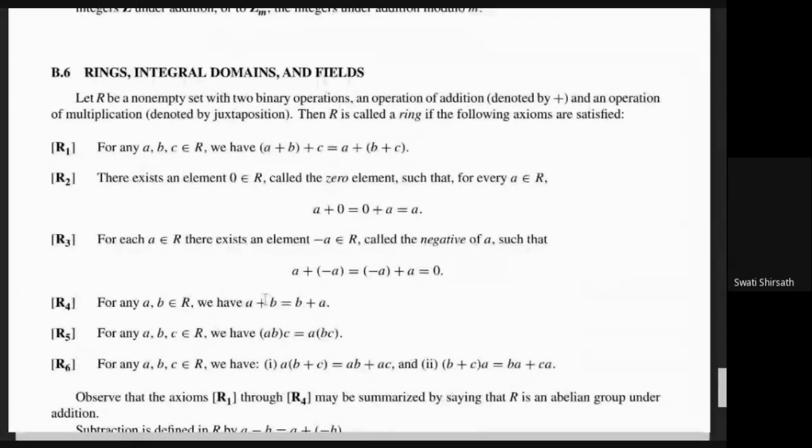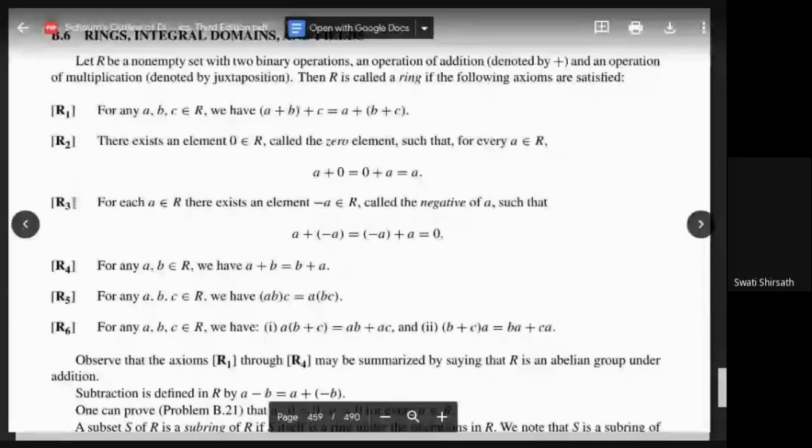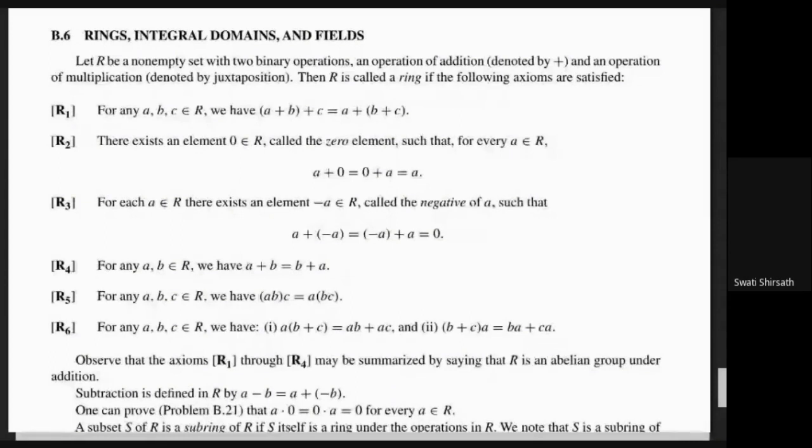So for the addition operation, it should be an abelian group, and for multiplication, we are considering only one property, that is the associative property, and for addition and multiplication, we are talking about the distributive property. So for a given algebraic system, if you want to check whether it is a ring or not, you have to check all these. R1 to R4 are nothing but properties of an abelian group under the addition operation.